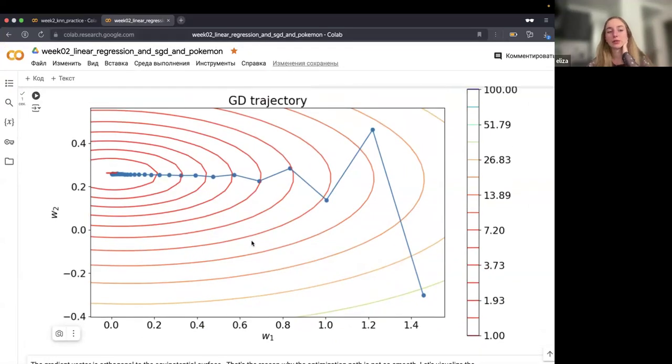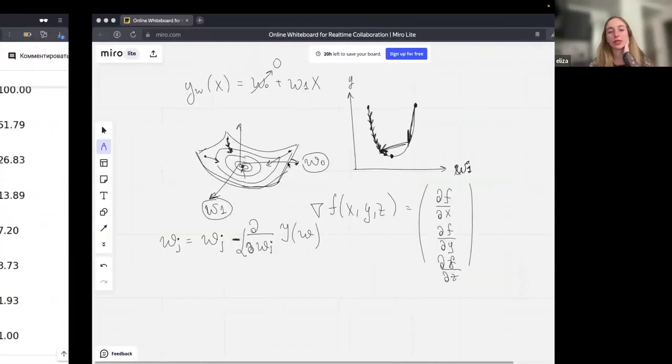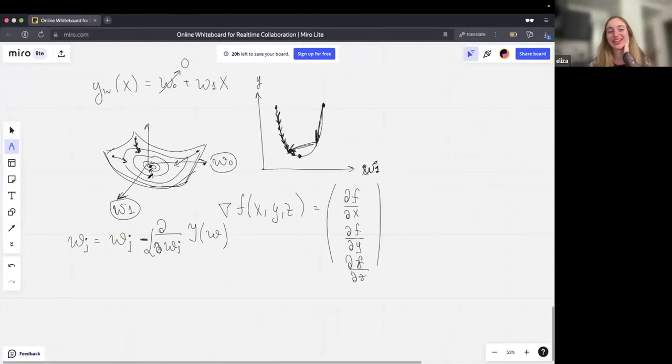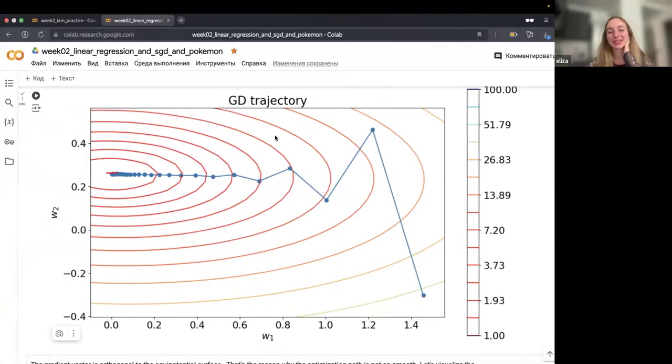This image is the same as before, but in this case it's three-dimensional space, with your y values on this part of your graph.